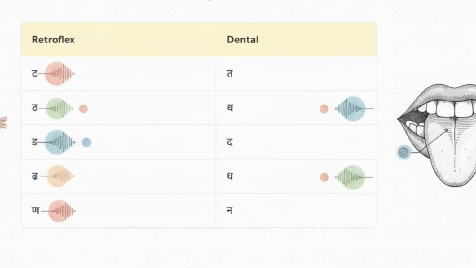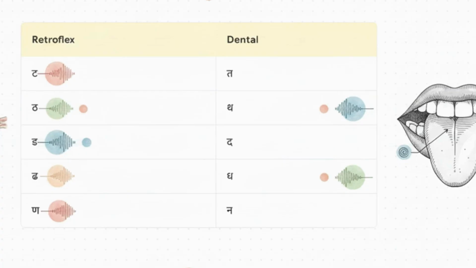Ta, ta, ta, ta. The second line, tha, tha, tha, tha. The third pair, da, da, da, da.